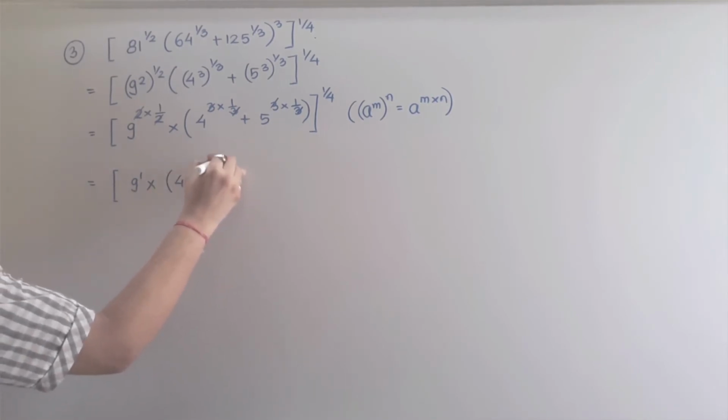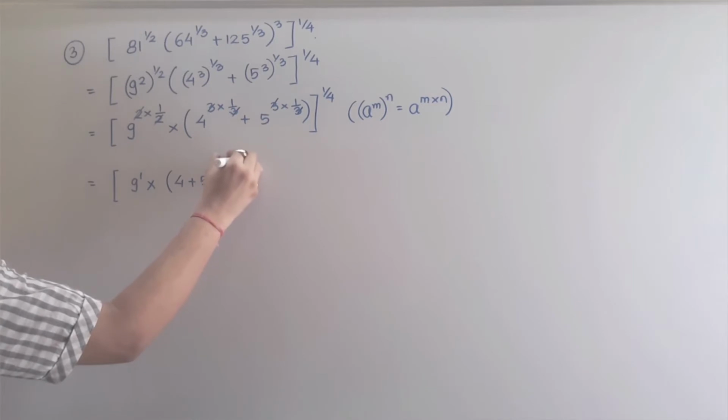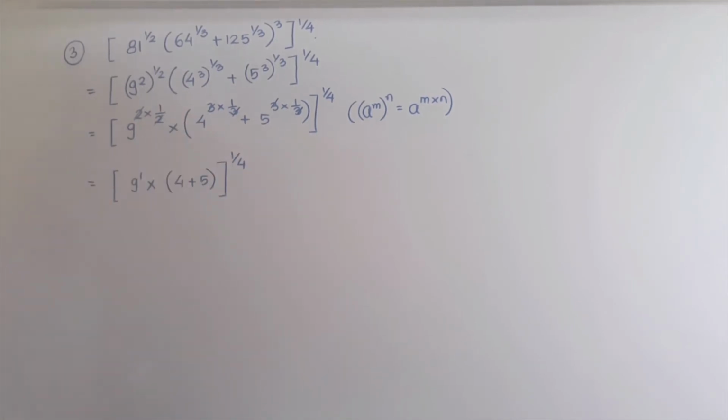So we can say that 4 plus 5 and whole power it will be 1 upon 4. 4 plus 5 will become here 9, and that 9 will multiply to this 9. So 9 into 9 whole power 1 by 4. What is the value of 9 into 9? 9 into 9 will be equal to 81. So 81 to the power 1 by 4.